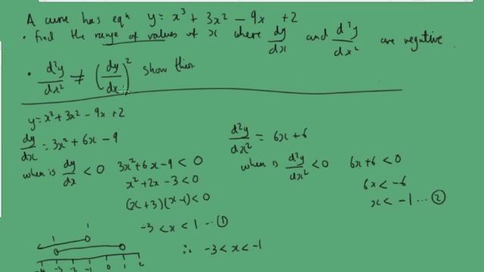Now, the second part that we want to find out is that the second derivative is equal to 6x plus 6. But what is (dy by dx) squared? What does that mean? Well, that means we take the first derivative and we square it.